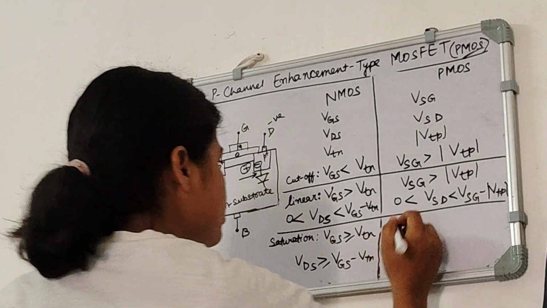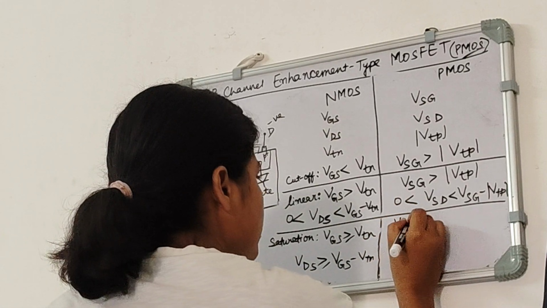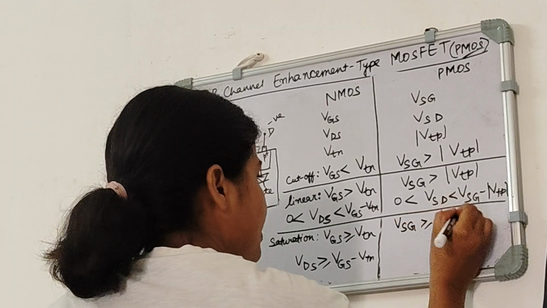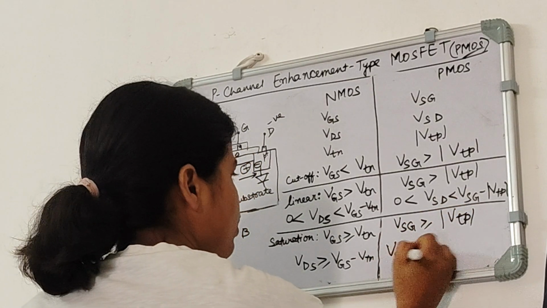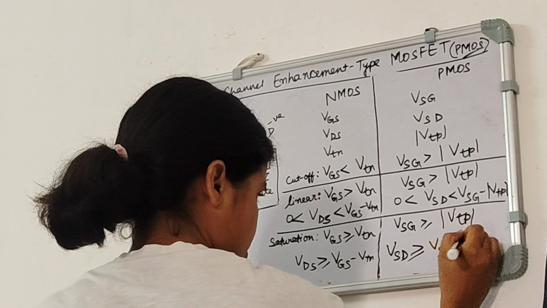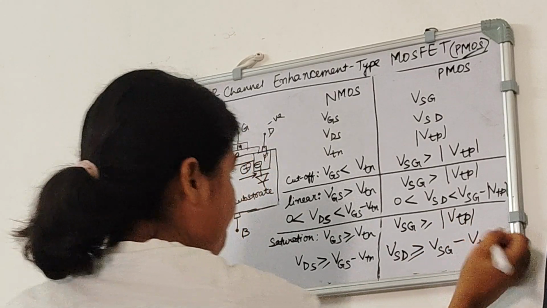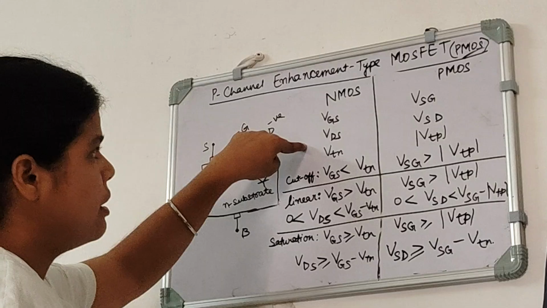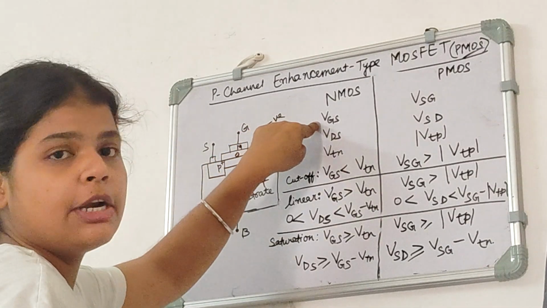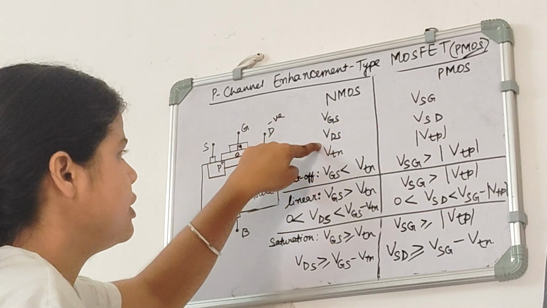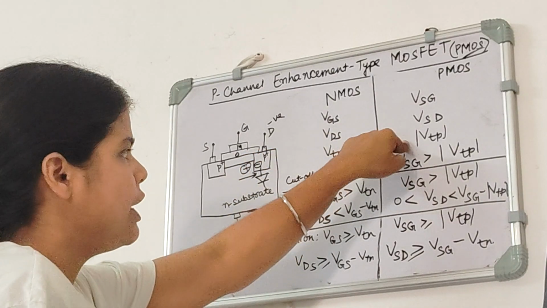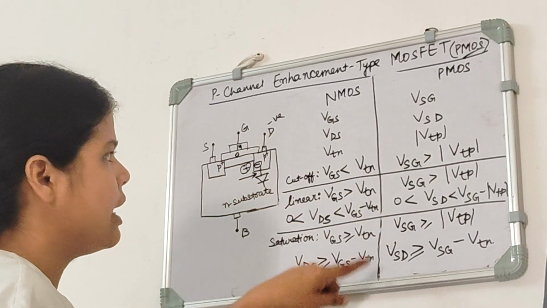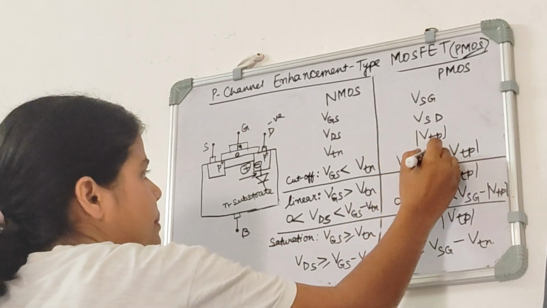In PMOS, VSG should be greater than or equal to mod of VTP and VSD should be greater than or equal to VSG minus mod of VTP. So instead of VGS, we are using VSG, instead of VDS, we are using VSD, and instead of VTN, we are using mod of VTP, and the rest of the equations are the same.